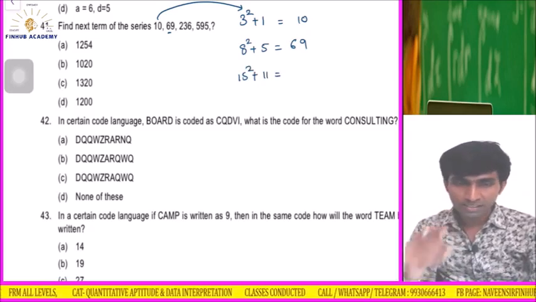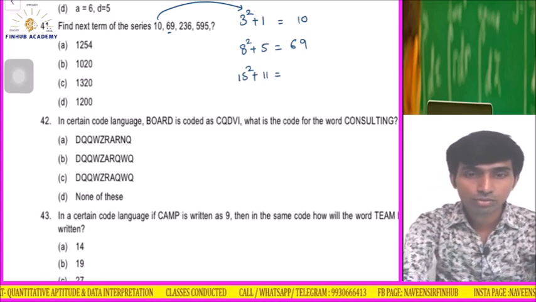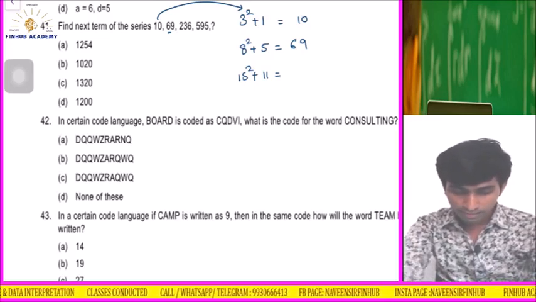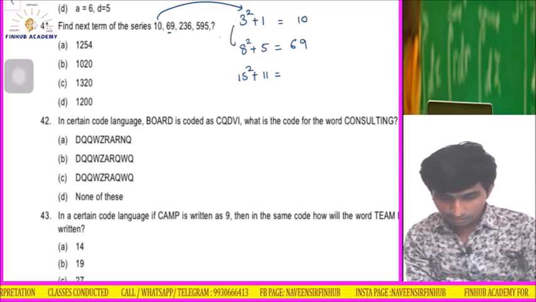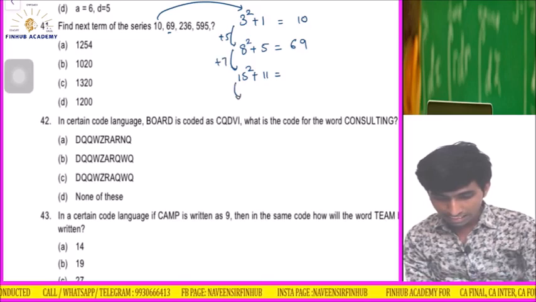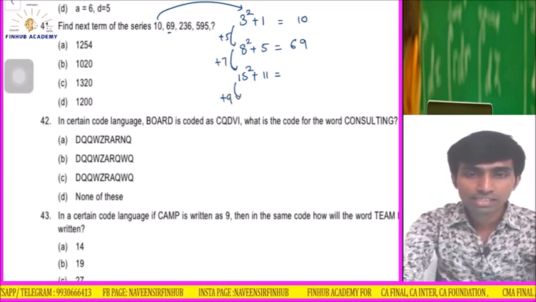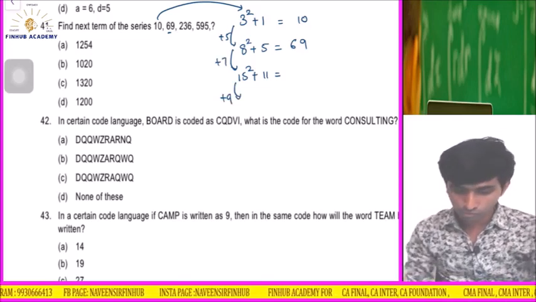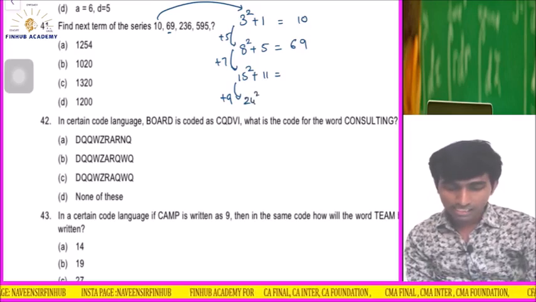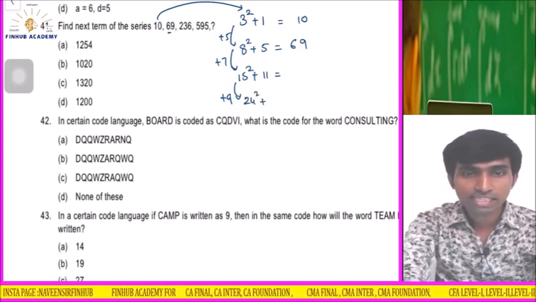595 means 25. 25 into 25 is 625, not 595, so 24 square is 576, and the difference is 19. See what the gap is. Here it is plus 5, here plus 7, so this should be plus 9. 5, 7, 9 odd. So 15 plus 9 is 24, and 24 square is 576 plus 19 is 595.